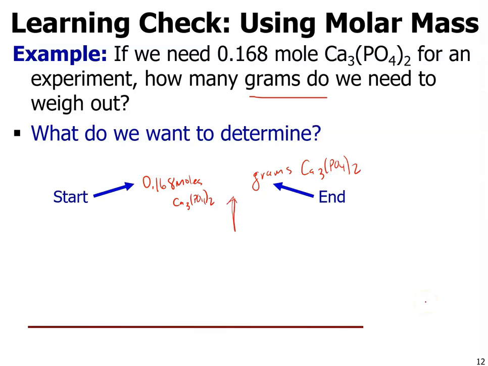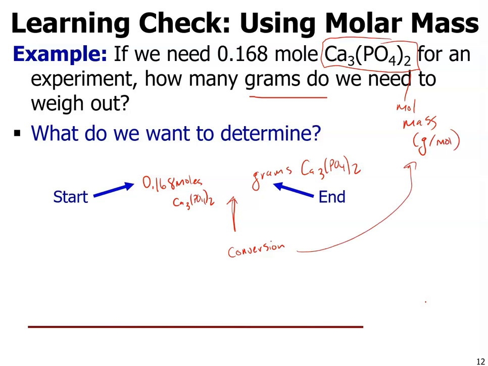And then in the middle here, we need our conversion factor. And how we're going to determine that, we've already walked through the steps for determining the molecular weight or the molecular mass, and that should be calculated in grams per mole. That's going to be our conversion factor for solving this problem.